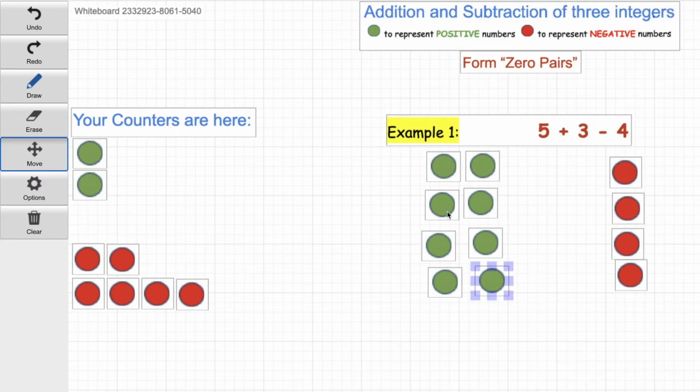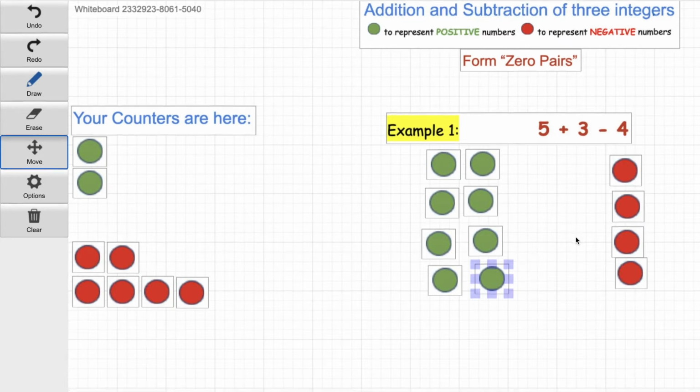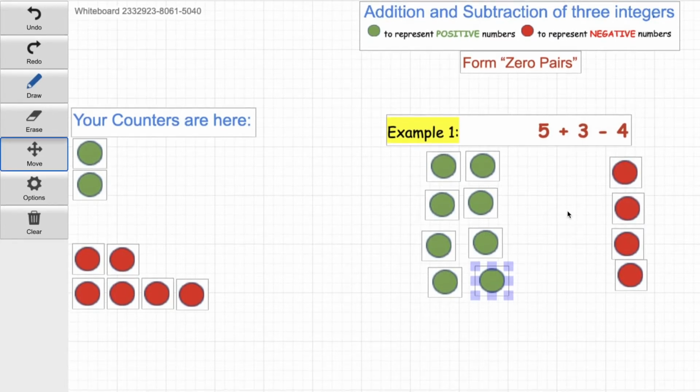Now we have 8 green counters and we have 4 red counters. So what we need to do now is to use our zero pairing to find a solution to our problem. To use the zero pairing, we're going to pair one green with one red.